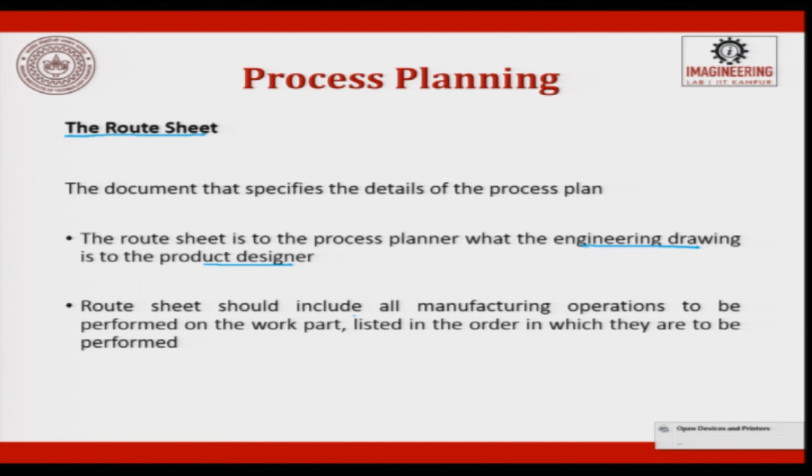Routing sheet should include all manufacturing operations to be performed on the work part, listed in the order in which they are to be performed. Today, you can do all these things digitized. When we talk about the ERP software, MRP software, for every part there is something called a routing sheet, and you just put the part, you get the complete routing sheet online.